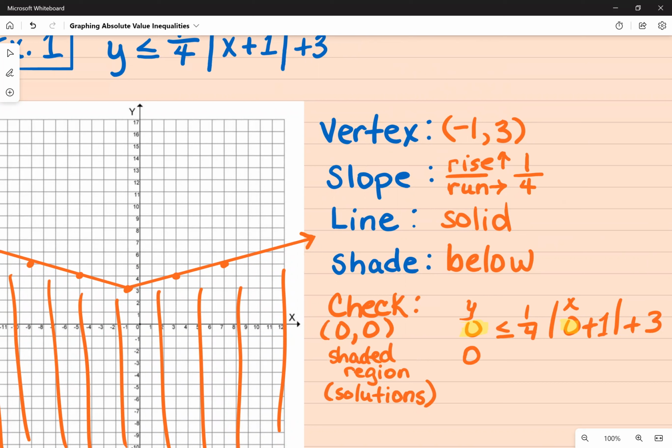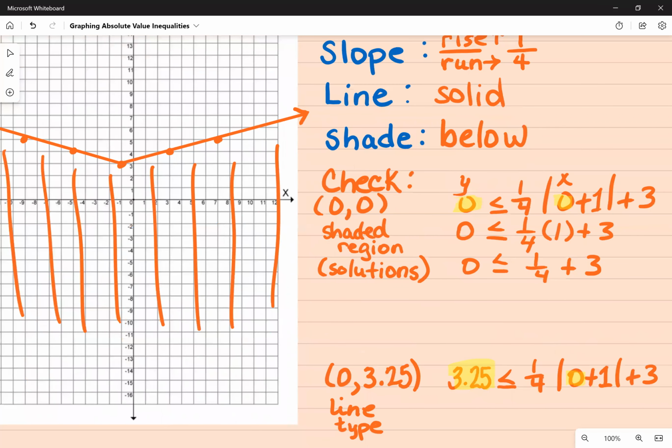So on this side, I have a 0. And on the other side, once I simplify in the absolute value, that's just going to come out as a +1. So I can just go ahead and put parentheses 1 plus 3. If I multiply the 1 times the 1/4, I simply get 1/4 plus 3. Now I just want to simplify that even further.